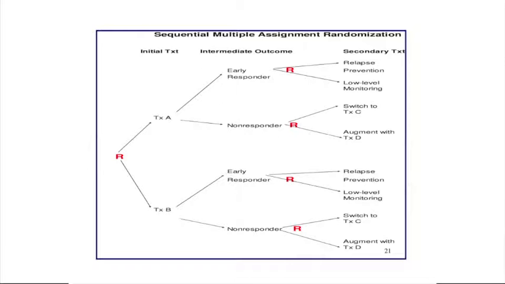And the point here is that when you design the trial, you're deciding what you know and what you don't know. And if you use non-response as part of the design of the trial, which was in our template, you're saying, I know that non-responders need to be provided different treatments from responders.